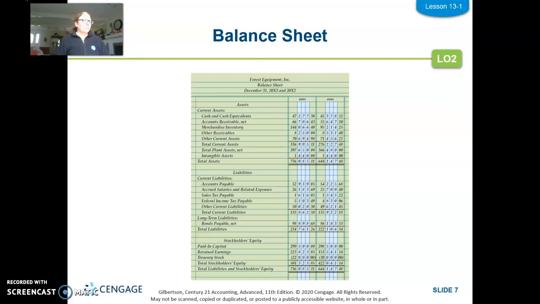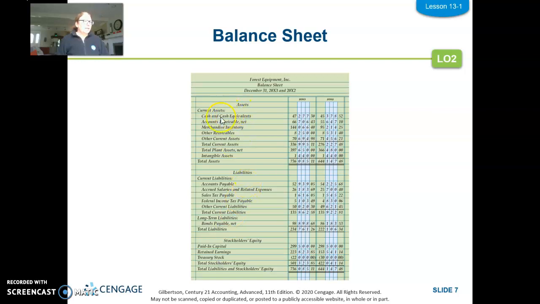That is key. And then we're breaking this out between current and long-term assets, long-term being called plant assets, and then between current liabilities and long-term liabilities. And then equity, we have those 3 things that we just computed on the statement of equity.